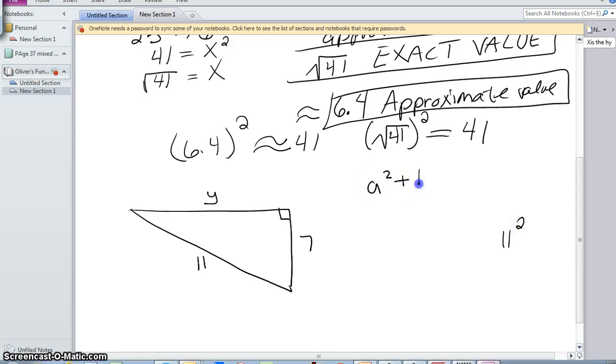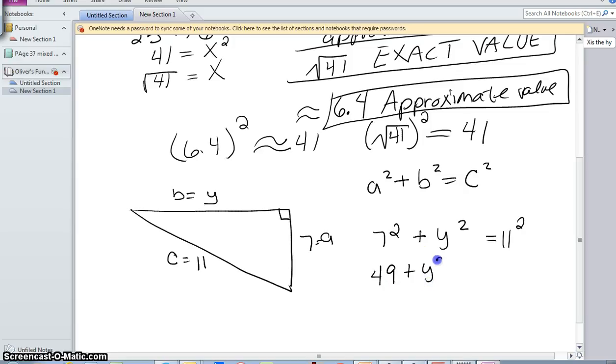So we're going to use the Pythagorean theorem that says that the squares constructed on the legs of a right triangle will equal the square constructed on the hypotenuse. So 7 squared plus y squared equals 11 squared. 49 plus y squared equals 121. Subtract 49 from both sides.